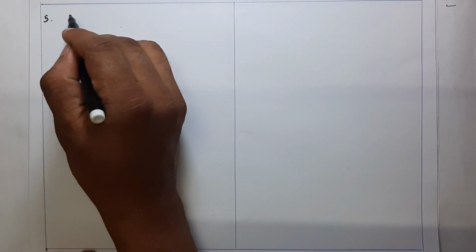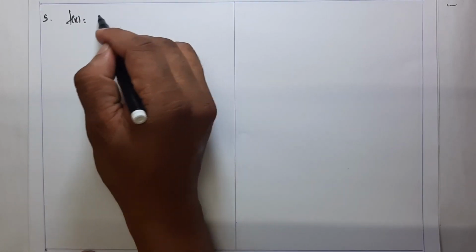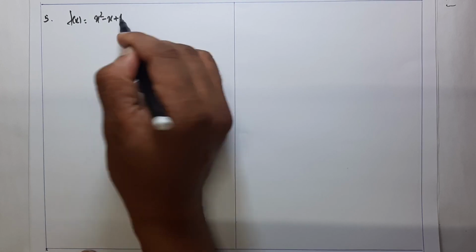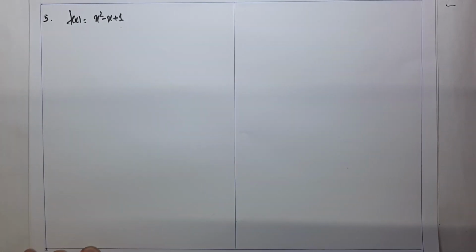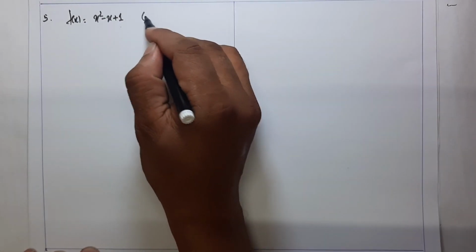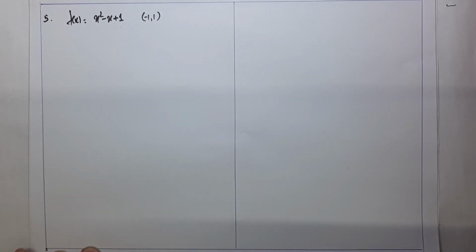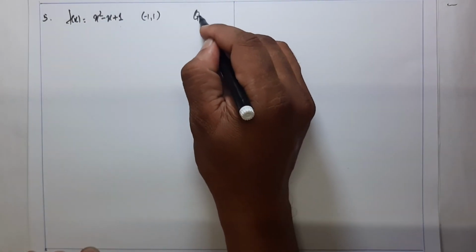Now let us discuss one more question using this concept, increasing and decreasing. The next question is: prove that the function f of x is equal to x square minus x plus 1 is neither strictly increasing nor strictly decreasing on minus 1 to 1. This is actually exercise 6.2, question number 11.